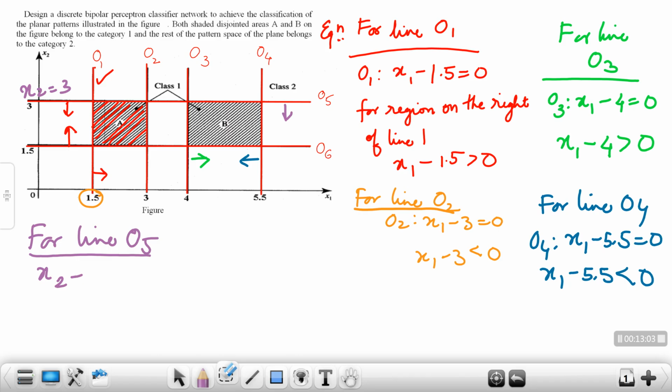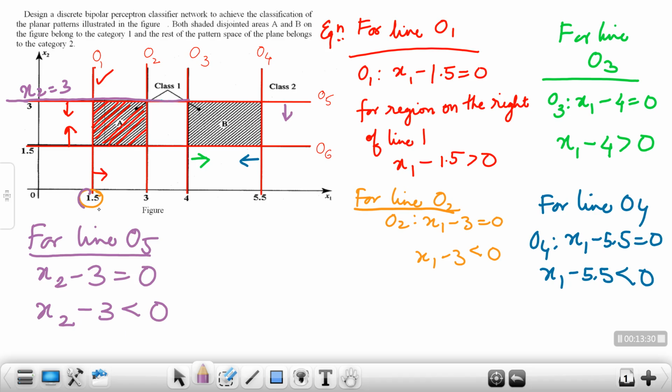So when we write, we shall write it as x2 minus 3 is equal to 0. Now we are interested in the region below. So below means usually it will be x2 minus 3 is less than 0. Am I clear? If at all you are not satisfied, you take any point which is below this particular line.